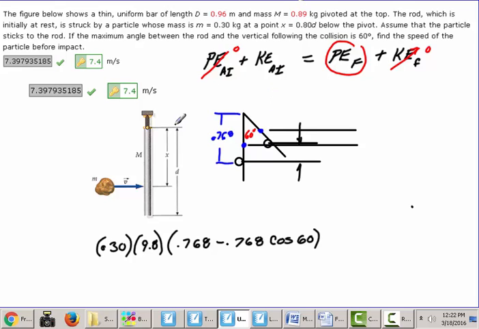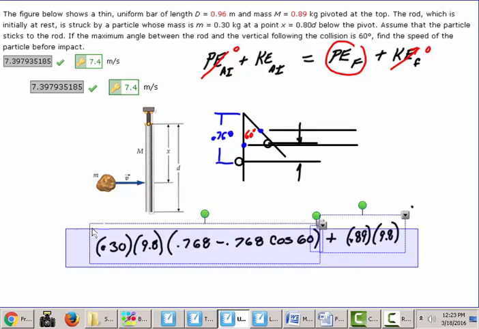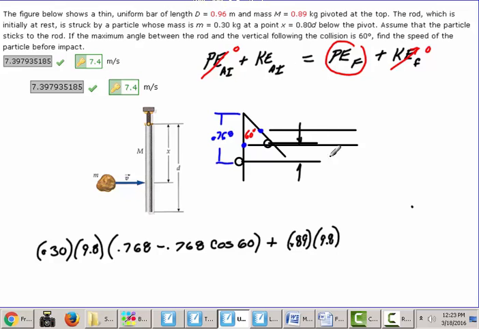Now the other one, we'll do this mass, and that's going to give us plus the 0.89 times 9.8. I'm going to slide that all over because I'm running out of a little bit of room. Like this, and then we do times 0.96 divided by 2, which gives me the center of mass, minus 0.96 divided by 2 times the cosine of 60.